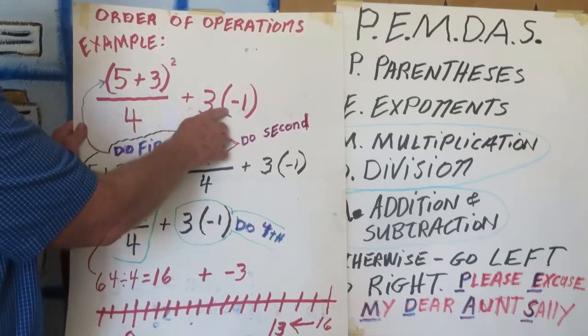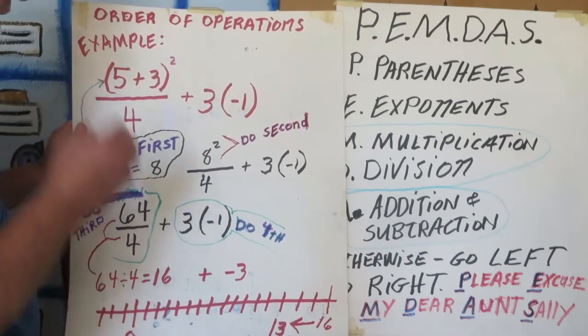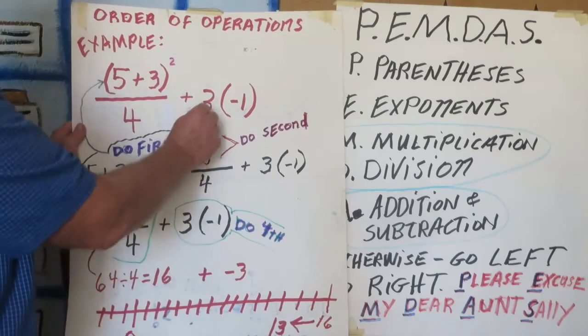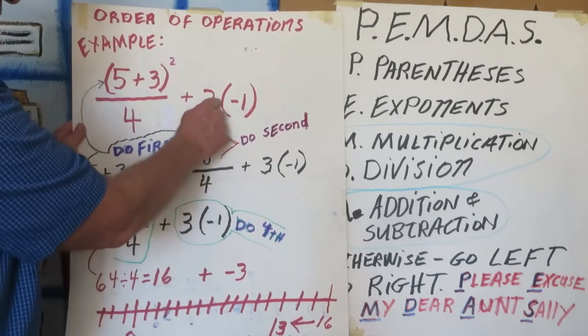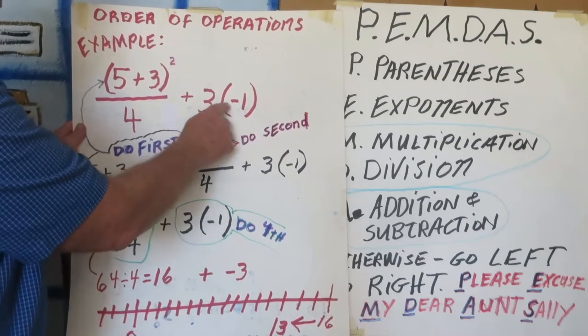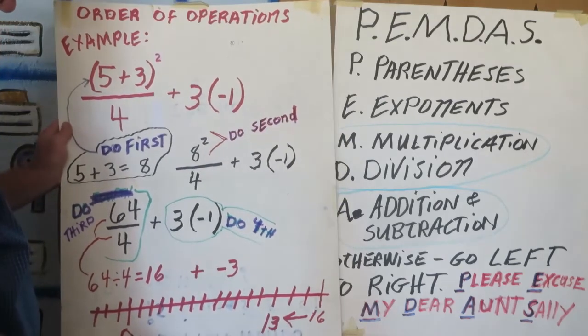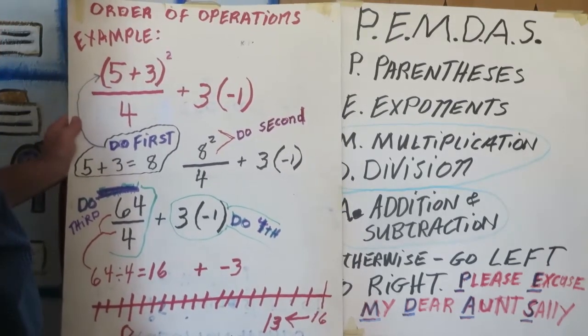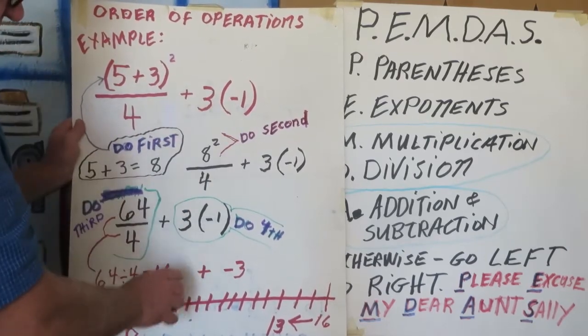Whenever a number is next to another number in parentheses in algebra, that's the same as if there were a multiplication sign. So imagine a little multiplication sign there. This is 3 times a negative 1. That's part of what you need to get used to in algebra, the change in the symbols.